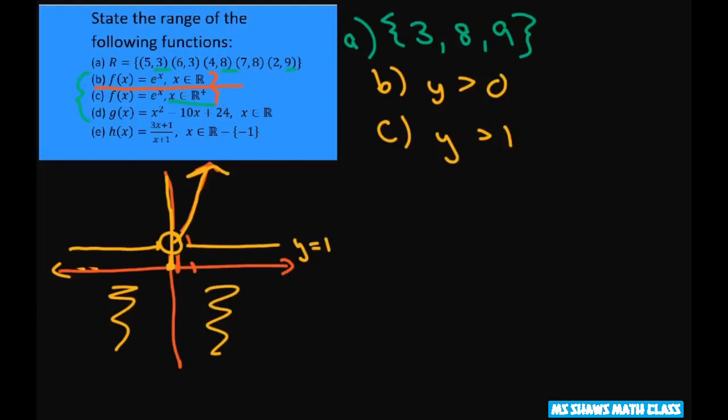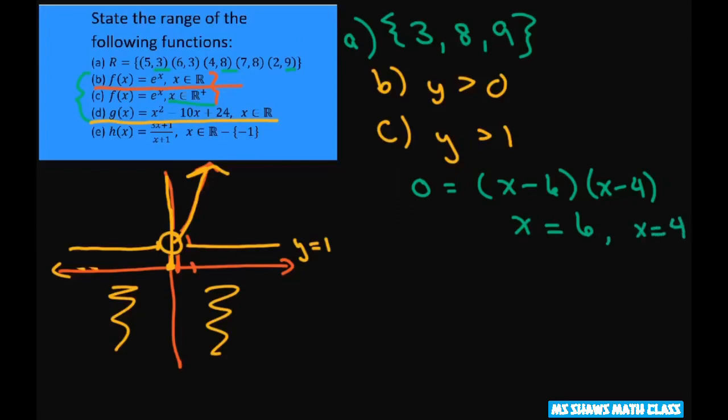All right. Now for this one, I would factor it. So if you factor this and set this to 0, you're going to get x minus 6, x minus 4. So we know our zeros are at 6 and 4.